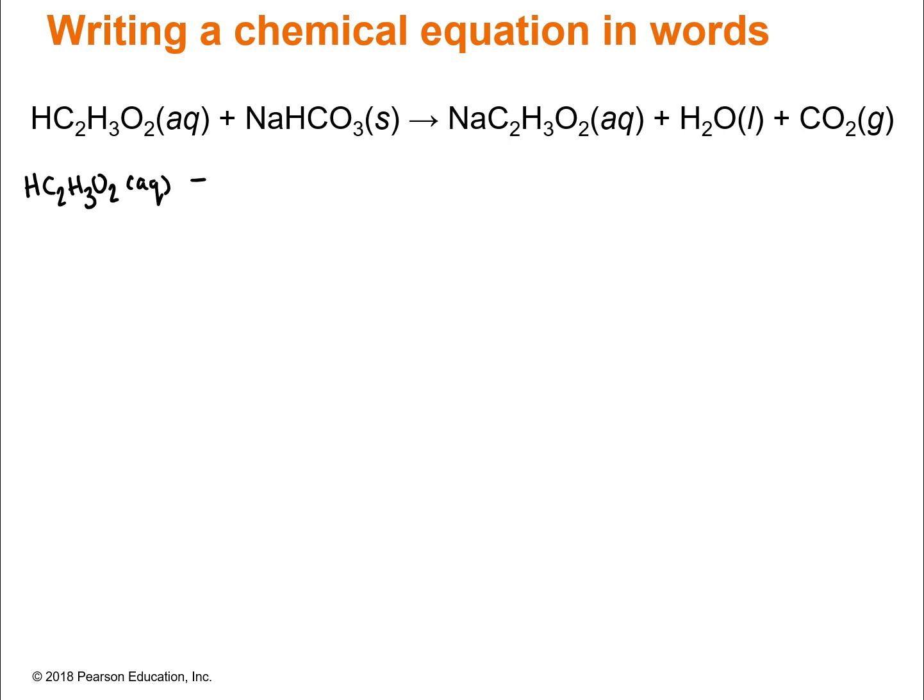Our first compound is some kind of an acid, which you can tell because of the AQ and that H in front. C2H3O2 is acetate, the acetate ion. When it's ATE, you turn it to IC and write acid. So that's acetic acid.